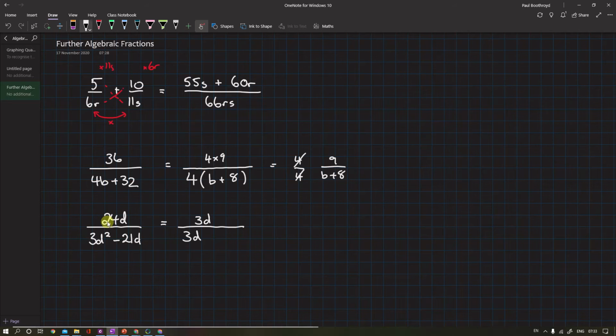The top part is going to be 3d times 8, and the 3d on the bottom is going to be a d to give us the d squared minus 7. I'm not going to show the cancelling again. Can cancel here and here to give us a result which is 8d minus 7.